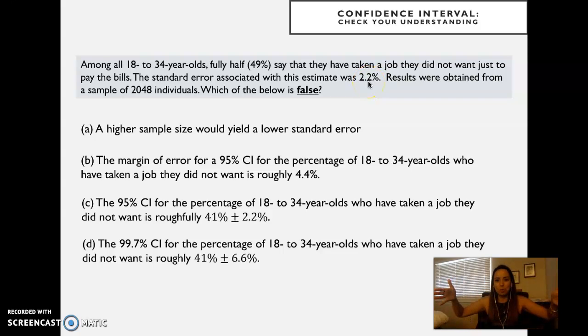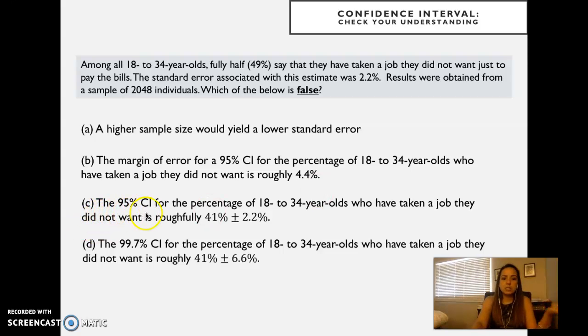So the total margin of error will be 2 times the standard error, approximately, for the 95% confidence interval. And that comes from the 68, 95, 99 rule, that approximately 95% of the data is between plus or minus 2 standard deviations. If the standard deviation of the sampling distribution, which is the standard error, is 2.2, then the margin of error will be 2 times that.